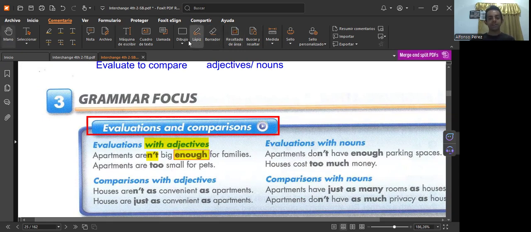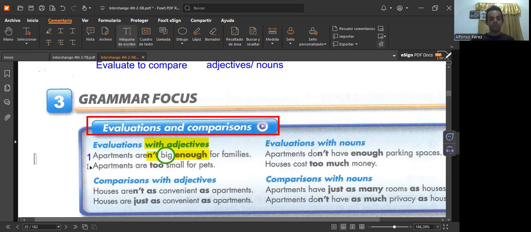The adjective is big. So your structure here is the verb be, the negation not, the adjective, and the word enough. Big enough. This is the first structure.